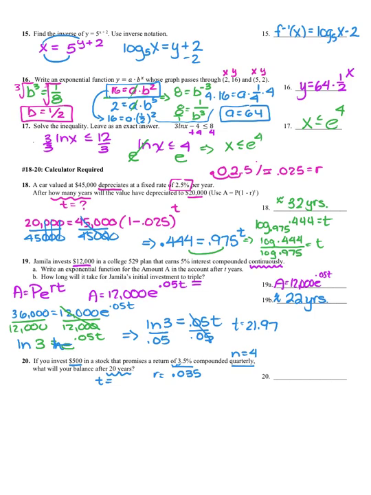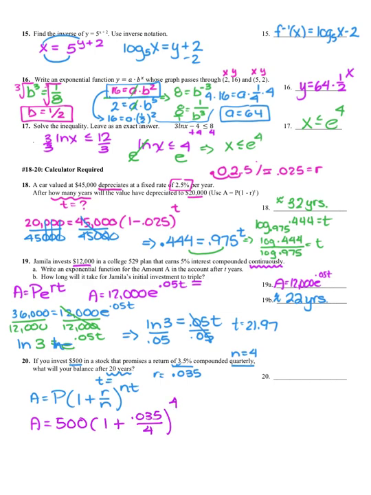Because it mentions a particular amount of time it's being compounded, we're going to use this formula. P(1 + r/n) raised to the n times t. So the amount is what we want after a certain amount of time. The initial investment was 500. 1 plus the rate was 0.035 divided by 4, and then n times t would be 4 times 20.